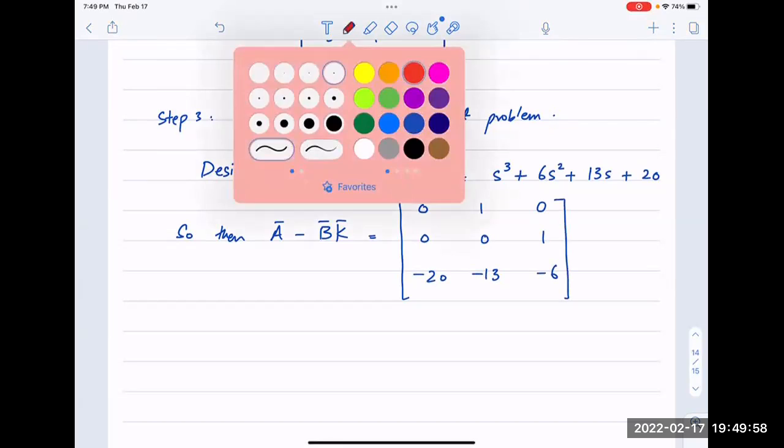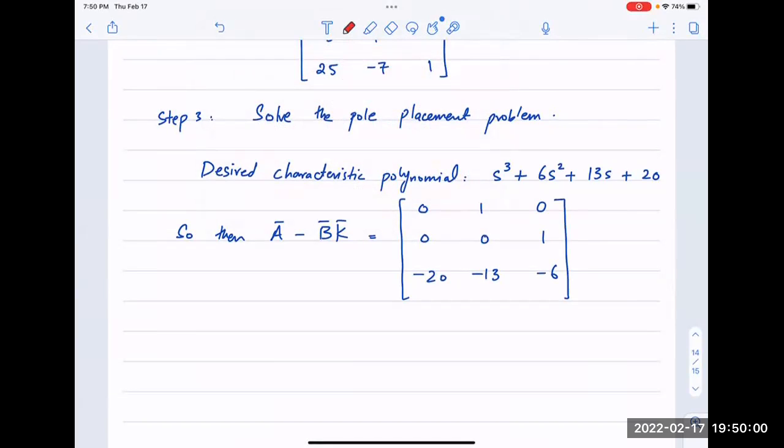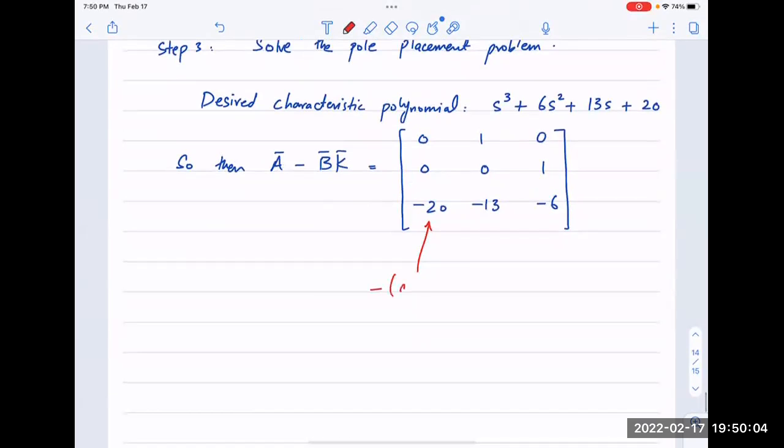Right, so in other words, this basically is minus a0 bar plus k1 bar, and this here is minus a2 bar plus k3 bar.